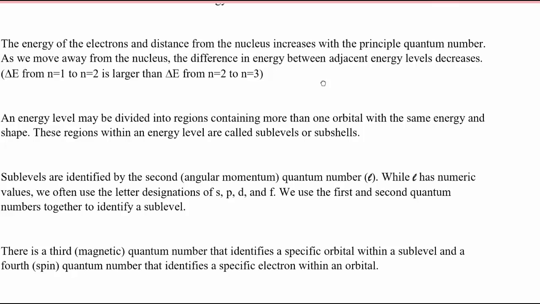Think about it like, if I was going to send a letter to an apartment where there were 2 people living, the fourth quantum number would be like the name of the person. Everything else, first, second, third quantum number would get it to that apartment. But then that fourth quantum number would be my way of saying, it's not that person living in the apartment, but it's this other person, okay?